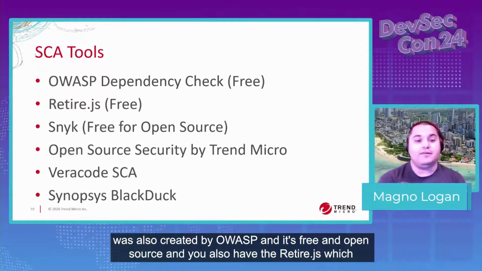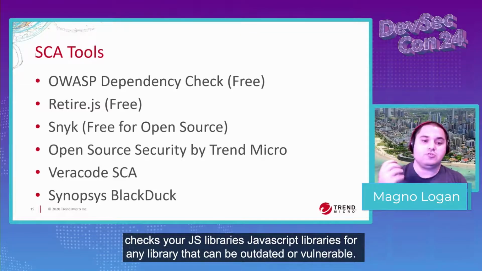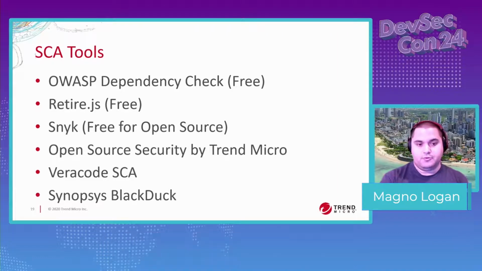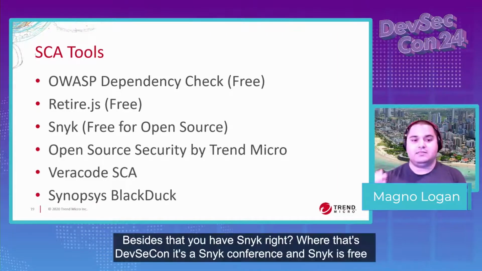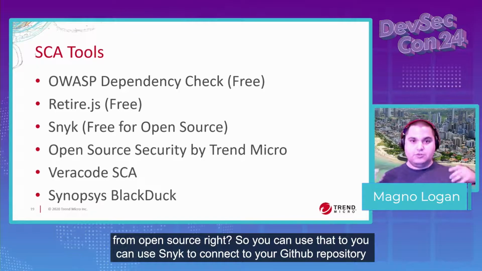You also have retire.js, which checks your JavaScript libraries for any library that can be outdated or vulnerable. Besides that, you have Snyk. We're at DevSecCon, a Snyk conference, and Snyk is free for open source, so you can use that.